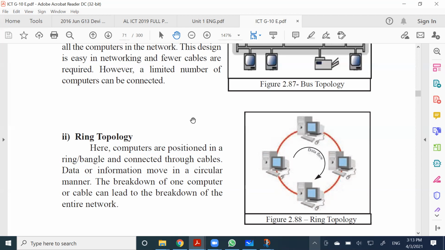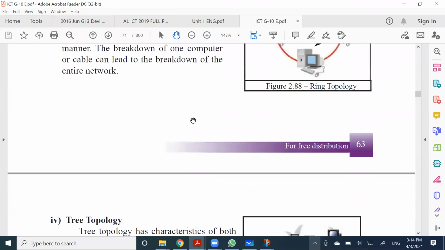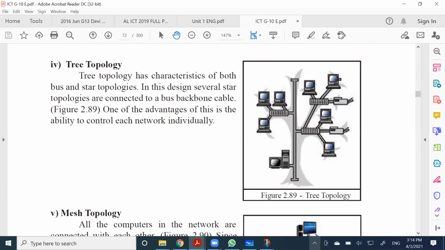Right. So star is done, bus is done, ring is done. We are going to go for two things, tree topology and mesh. Right. So regarding tree topology, yeah, it's better you write the first sentence and the last sentence, which is starting from one of the advantages. So tree topology: first sentence plus the highlighted one and the sketch.